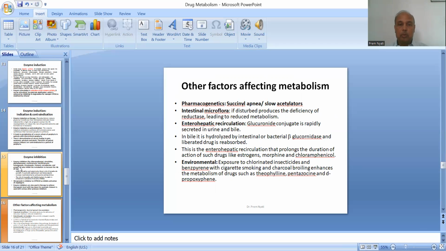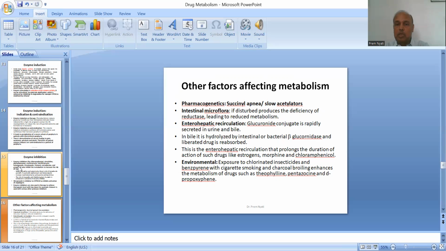Intestinal microflora, if that gets disturbed, produces deficiency of reductase, so that reduces metabolism of some drugs. Enterohepatic recirculation, we have already seen that glucuronide conjugate is rapidly secreted in urine and bile. It is hydrolyzed in the intestine and free drug reabsorbed.